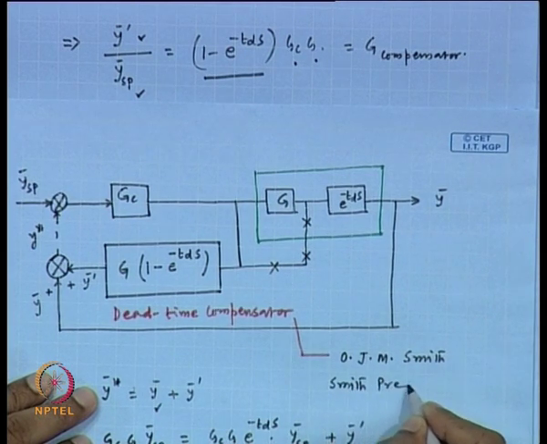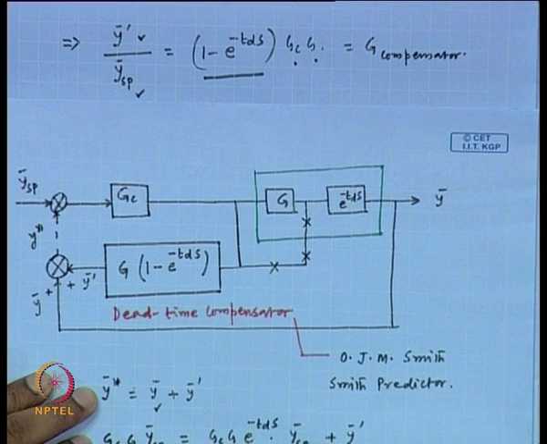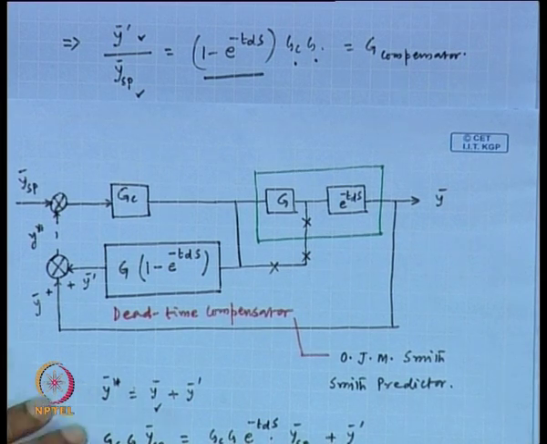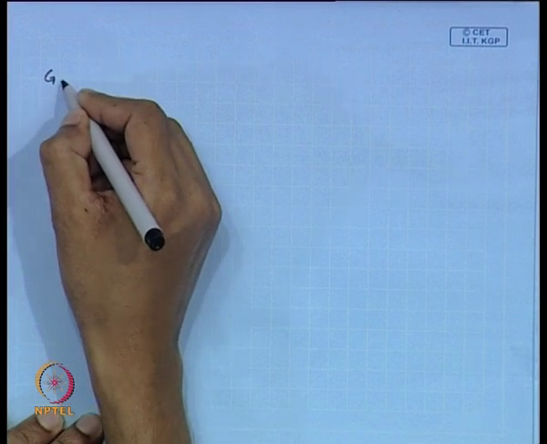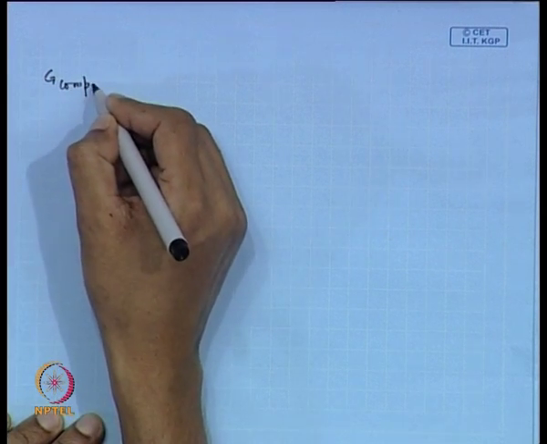It is also called Smith predictor. Fine. So, we obtain the block diagram for the compensator.